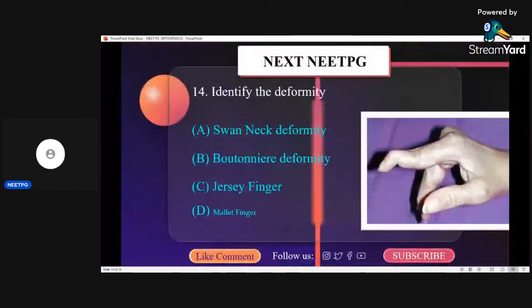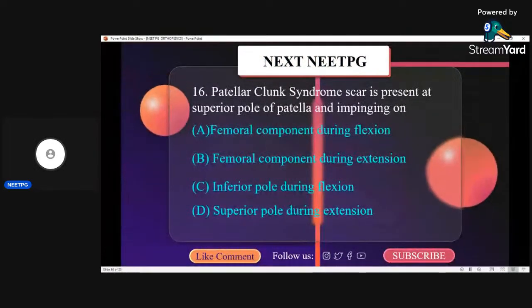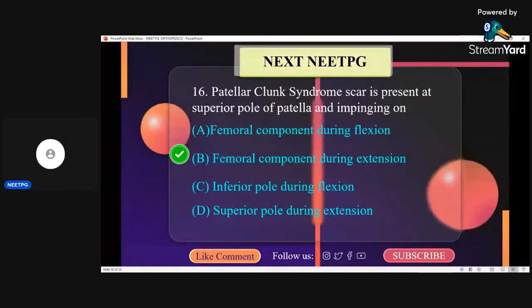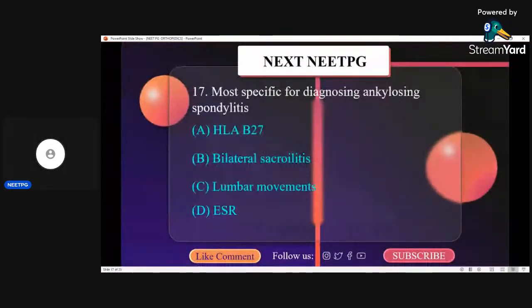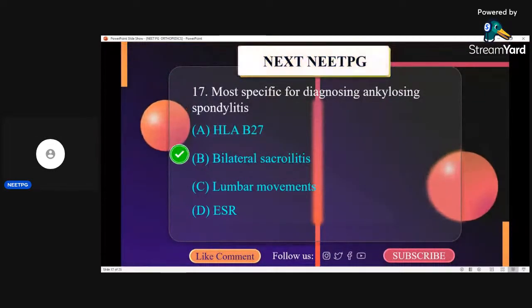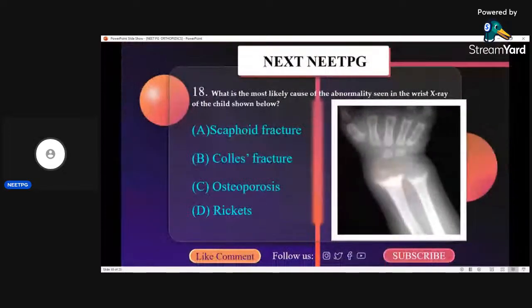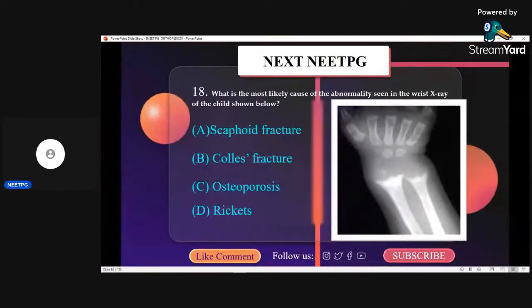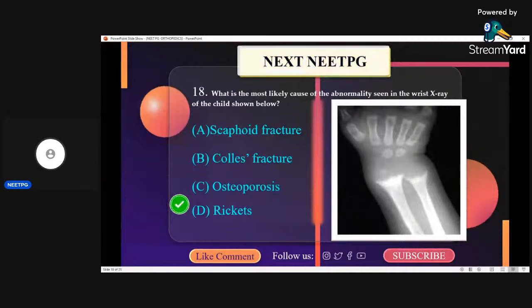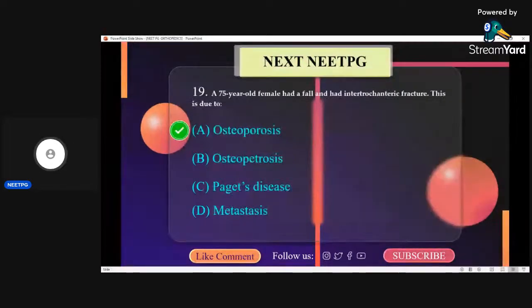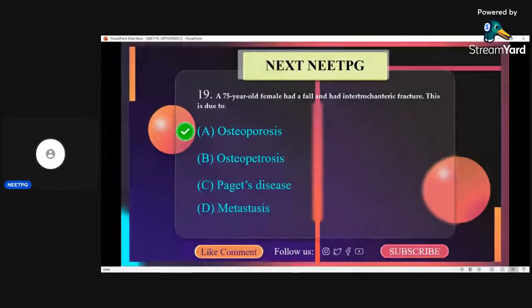Swan neck deformity. Glucosamine supplementation, arthritis. Patellar clunk syndrome, femoral component during extension. Most specific, bilateral sacroiliitis. What is the most likely cause of abnormality seen in the X-ray? It is rickets. 75-year-old female, it is osteoporosis. 55-year-old, cauda equina syndrome.